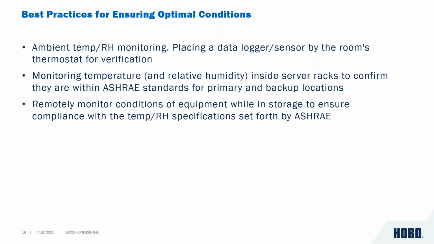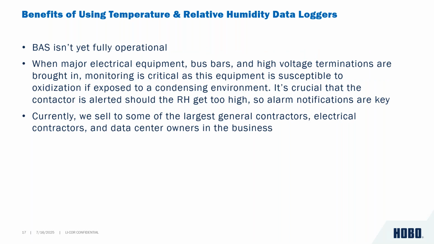Monitoring temperatures and relative humidity inside server racks to confirm that they are within the ASHRAE standards for your primary and backup locations. And then also, remotely monitoring conditions of equipment while it's in surge to ensure compliance with the temporary specifications set forth by ASHRAE.